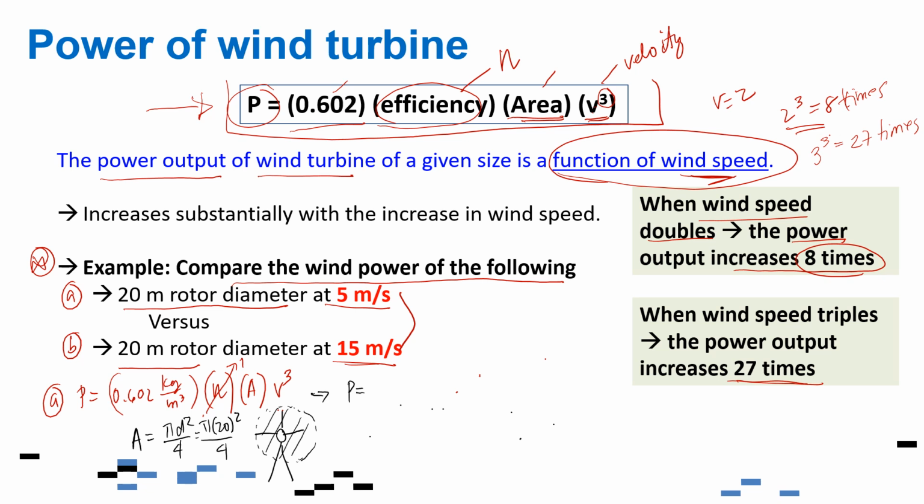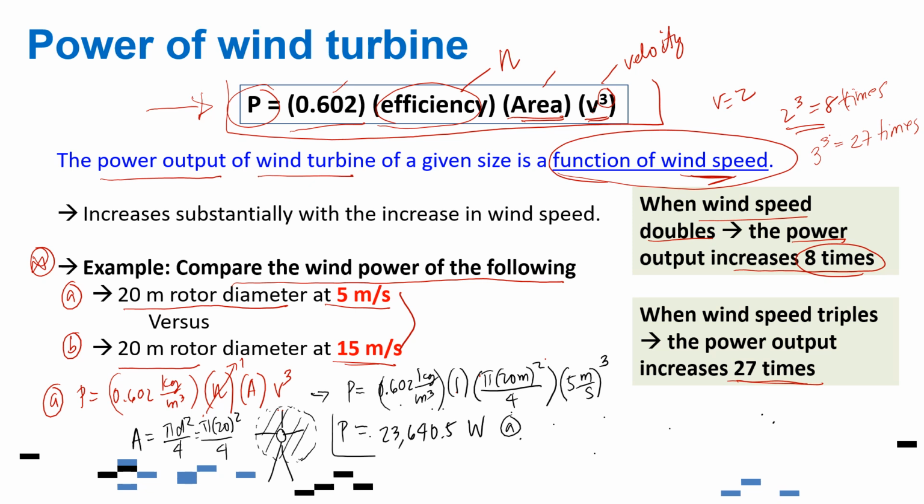P is equal to 0.602 kilogram per cubic meter times 1, which is the efficiency, times the area of pi 20 meter squared over 4 times the velocity or speed, the speed is 5 meter per second raised to the cube. So the answer for this is 23,640.5 watts. So this is letter A.